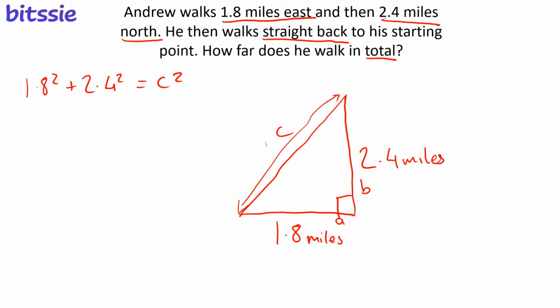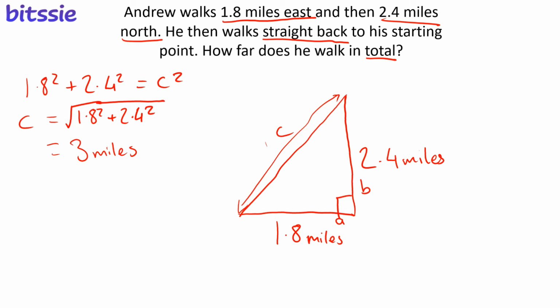Square root the whole equation, and then we get c is equal to the square root of 1.8 squared plus 2.4 squared. Pop that into our calculators, and we get 3. So c is equal to 3 miles.